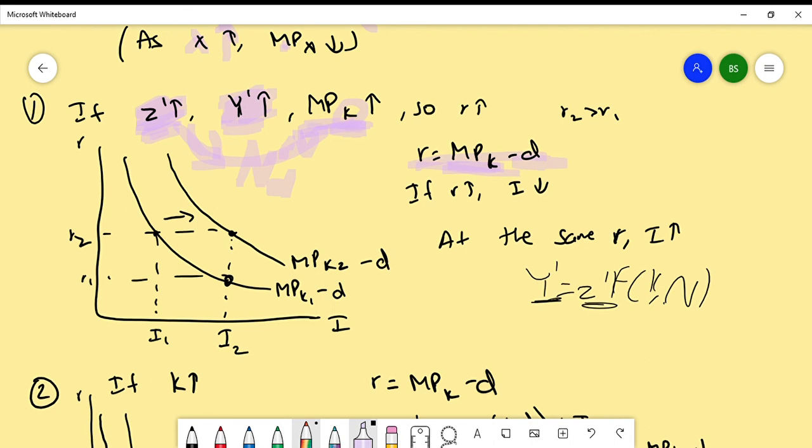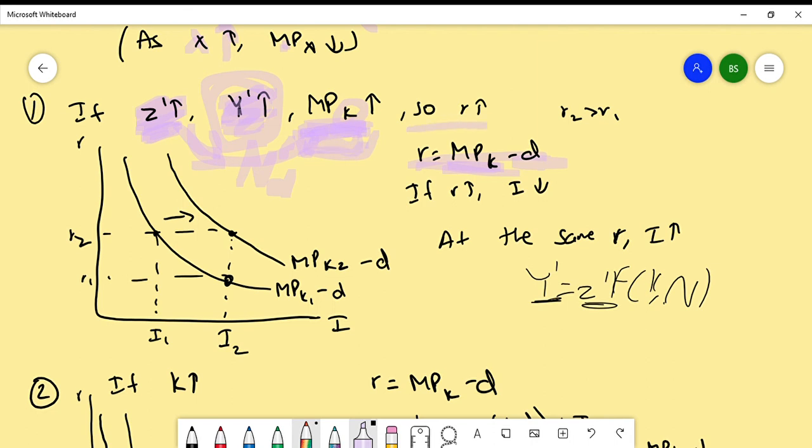If my future factor productivity goes up, and I know it's going to go up, I'm going to want to leech off of that, so I'm going to invest a lot more now, and I also know my future production will increase. And if I'm investing more now, then the amount of stuff I get out of my capital right now is going to increase because of that investment. I guess that's how we can think about it. That's the only thing I can think of.